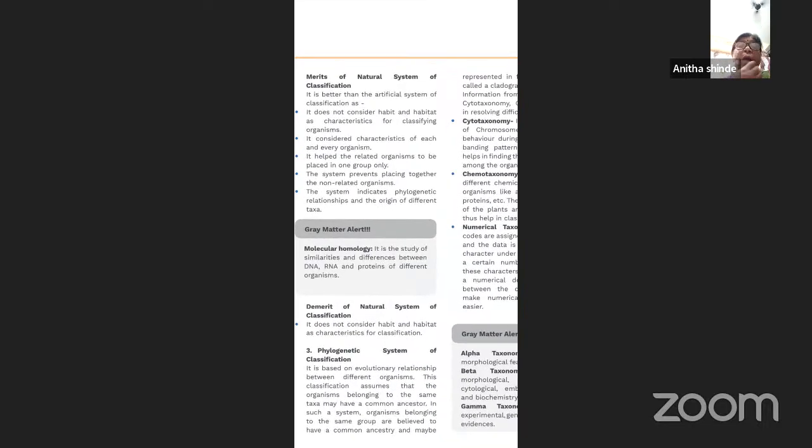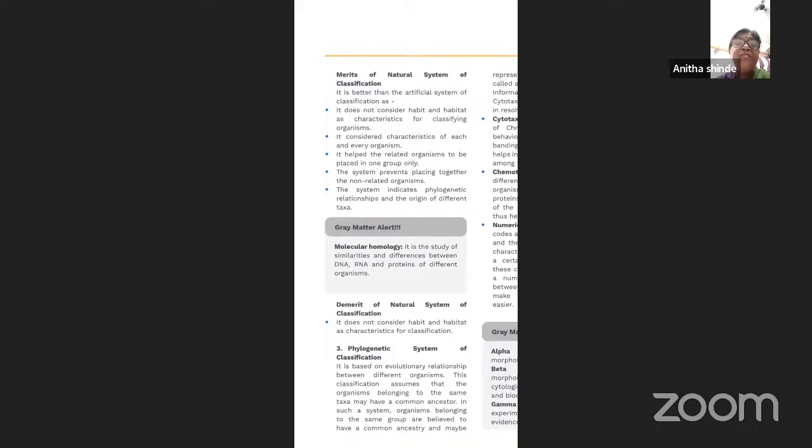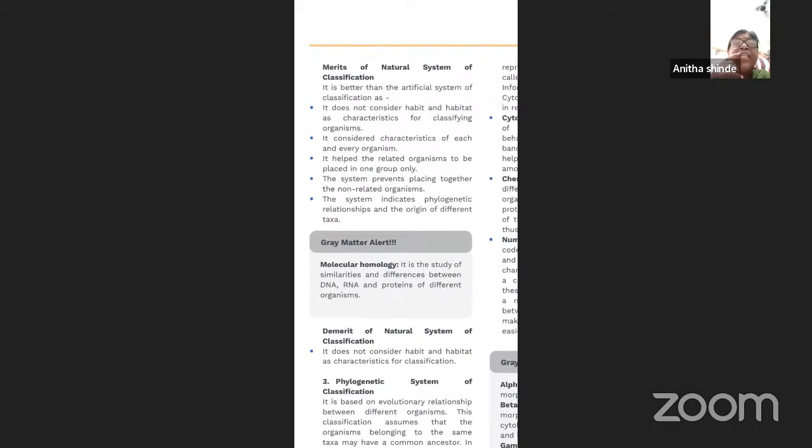Now, coming to the merits of the natural system of classification. What are those? They say it is better than the artificial system of classification. Here, they did not consider the habitat as a characteristic for classifying the organisms. It considered the characteristics of each and every organism.